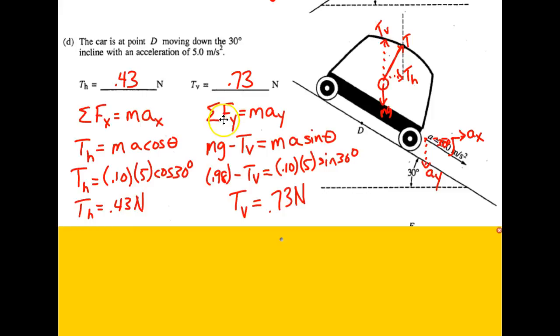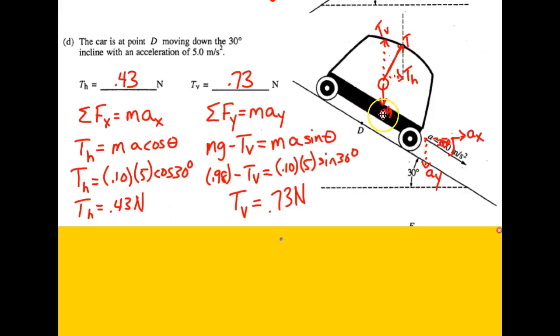We summate forces in the y direction equals ma. Is the ball accelerating vertically? Answer, yes, it has this vertical component of acceleration, which would be a sine theta. However, what would be the summation? Since this acceleration is downward, we follow our rules that the direction of motion is deemed positive.